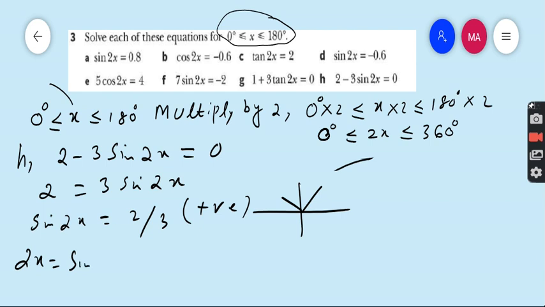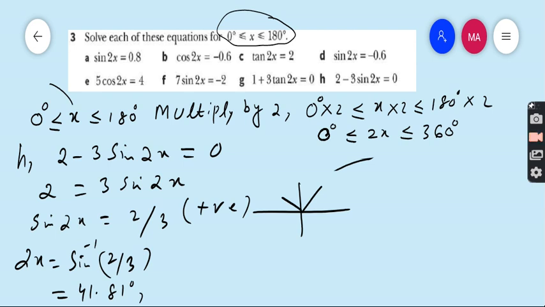So 2x is equal to sine inverse of 2 upon 3, which is 41.8.